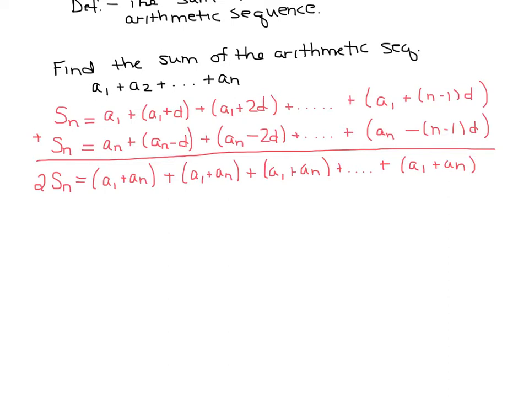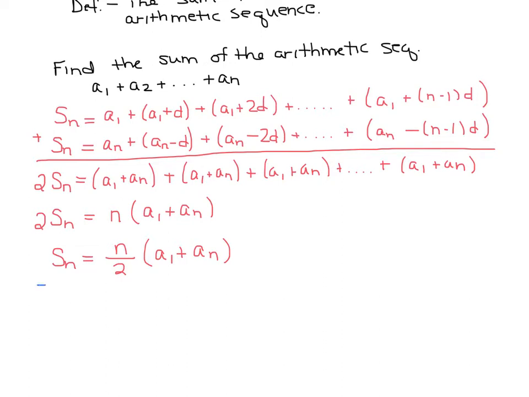Therefore, I could rewrite this as 2 S sub n equals n times the quantity of a sub 1 plus a sub n, leaving us with S sub n equals n over 2 times the quantity of a sub 1 plus a sub n.